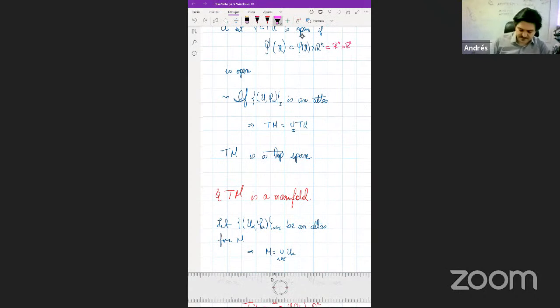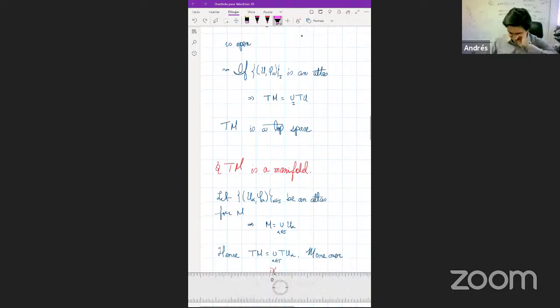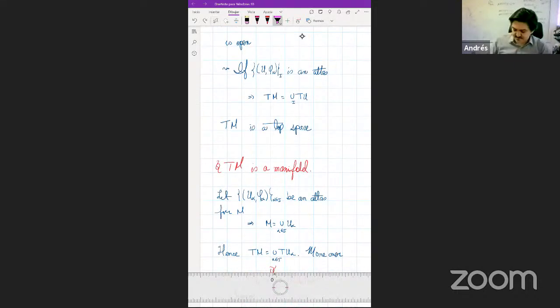Okay, so take an atlas. So we know that M is covered by all of the U's. Then we have this, right? Because any point in here is like this, (P, V).